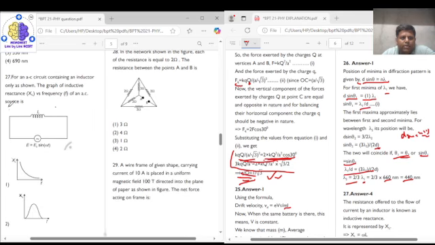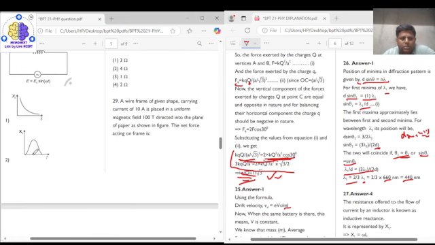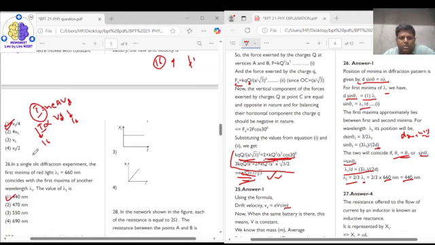Coming to question number 27. For an AC circuit containing an inductor only, as shown, the graph of inductive reactance XL versus frequency of an AC source is... This is the graph, this is the graph, and this is the graph.